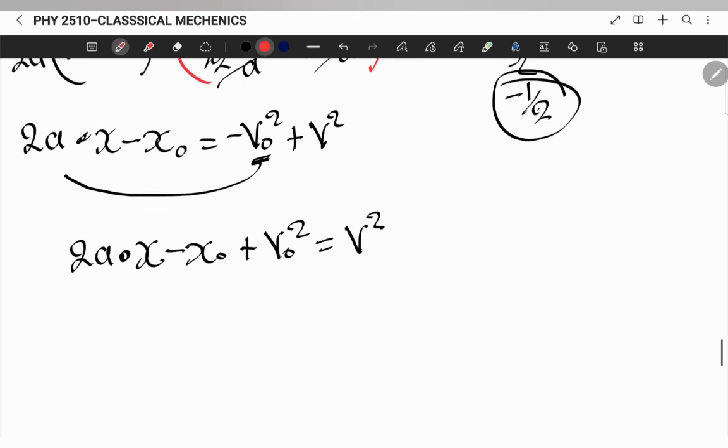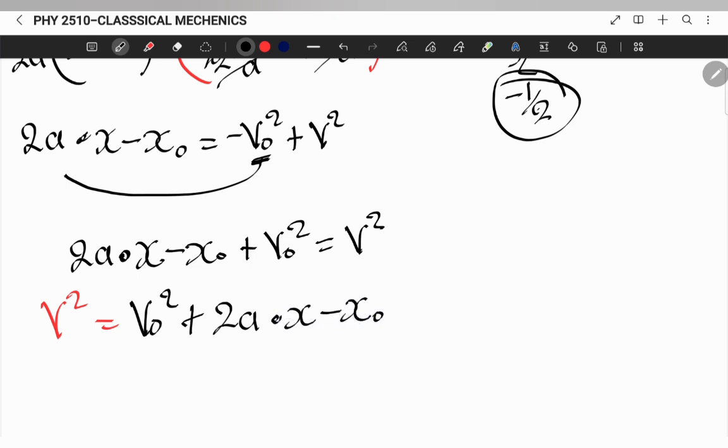So when we write this properly, it's going to be v squared is equal to v naught squared plus 2a times (x minus x naught).